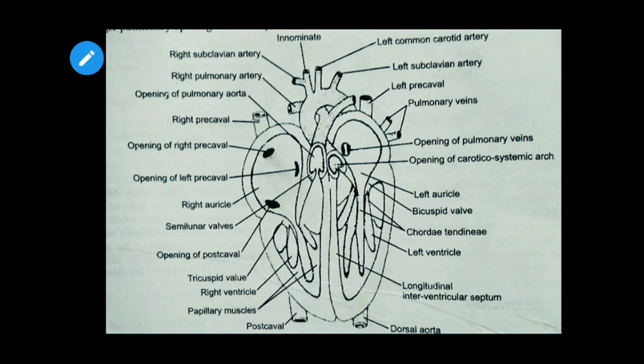It contains venous blood which is sent to the lungs for purification. Blood comes from all body parts to the heart, from the heart to the lungs, and from the lungs back to the heart and then to the different body parts. So blood comes to the heart twice, which is called double circulation.